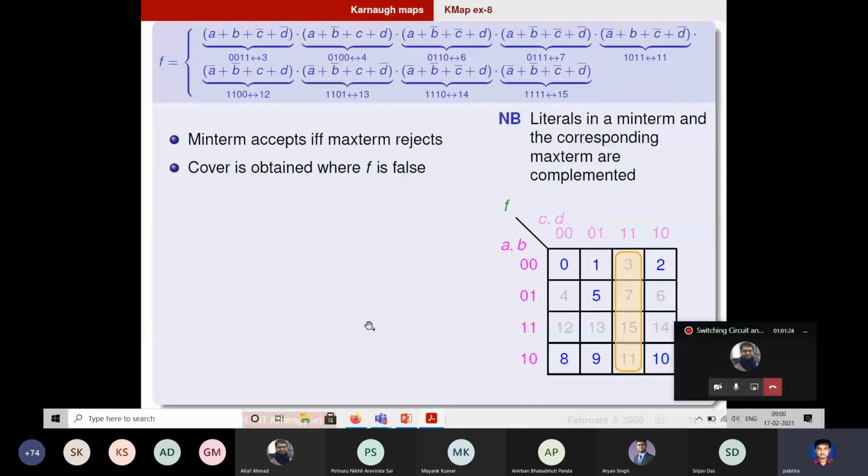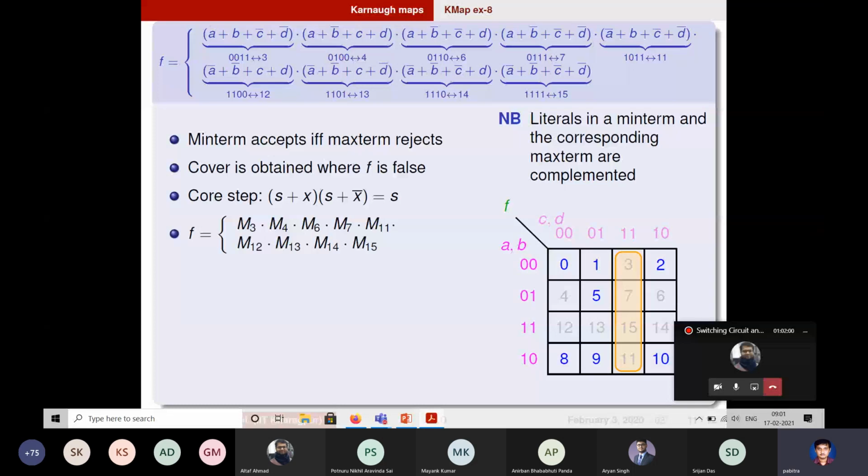In the earlier min term case, you can do this because SX plus SX bar is S. Similarly here, (S plus X) times (S plus X bar) is S again. You can verify this. So that's why I can eliminate X. And again, you have the adjacency rule and all these rules, similarly as before.